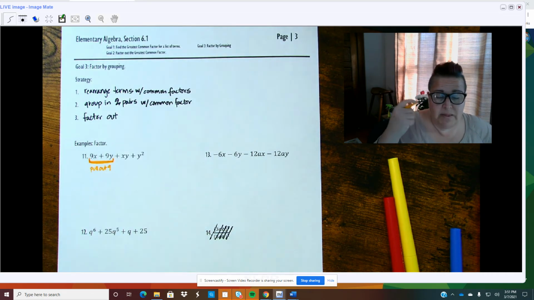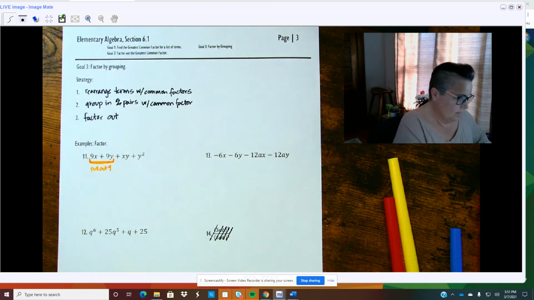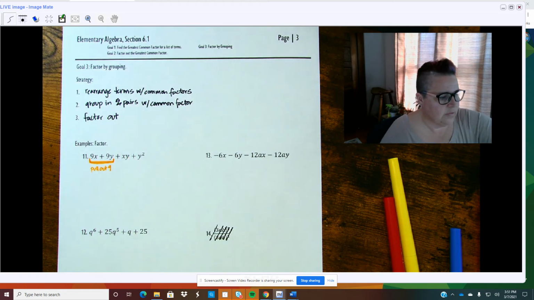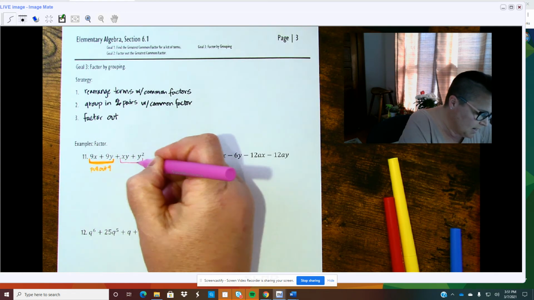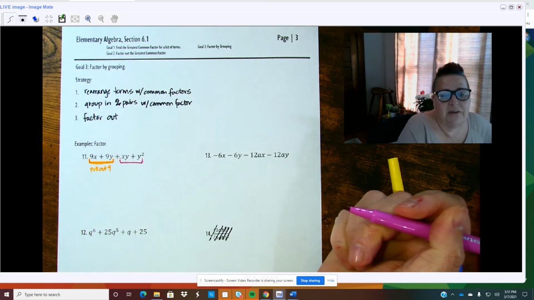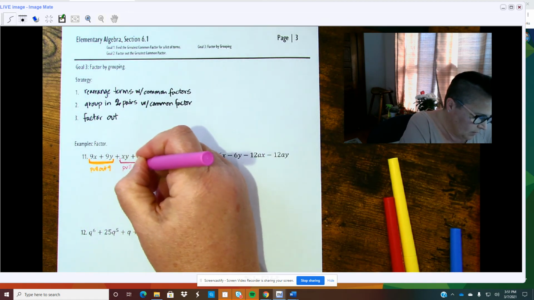Right? So that's what I'm thinking in my head. I look at that right away and I think, oh, okay, I can pull out a 9. Then I have to look at this other pair and think to myself, is there something I can pull out of here? And I'm thinking it. I'm not necessarily writing it. So I've got an xy and a y squared, and I think, okay, yep, I can pull out y.